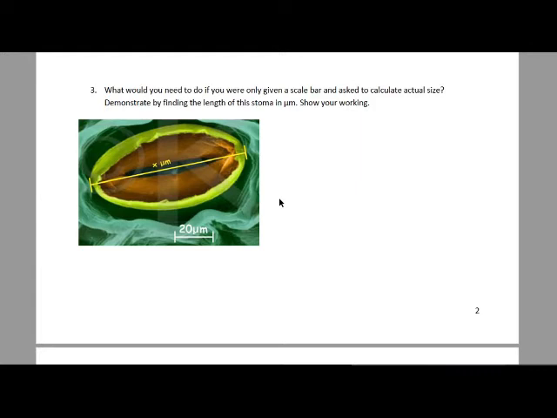And it gave me 82.44. After that, I calculated the magnification. I converted the 6.8 centimeters into micrometers, which gave me 68,000, and divided it by the length, the 82.44, and it gave me a magnification of 825.